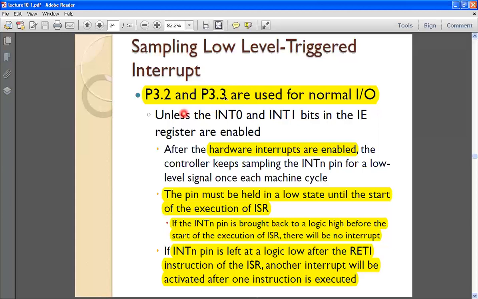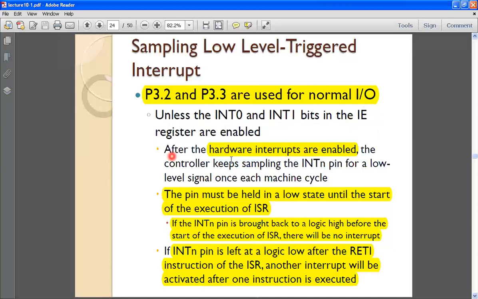But when normally it is an input output port, then we cannot use it as external hardware interrupt 0 and external hardware interrupt 1. But when we use INT0 and INT1 for external hardware interrupt, it does not serve as an input output, but serves as an interrupt only. And we can utilize it only if we use the IE register.